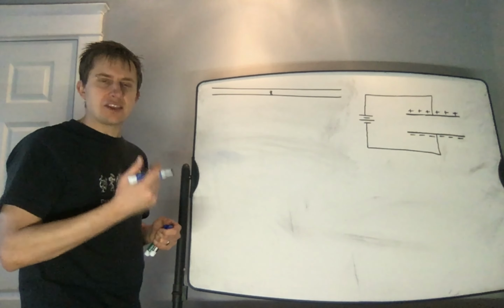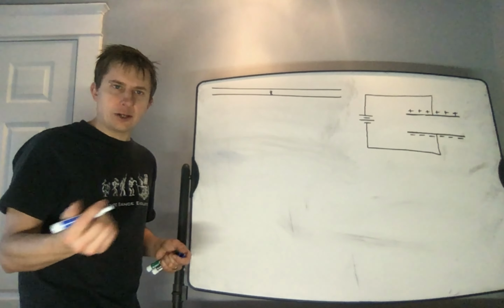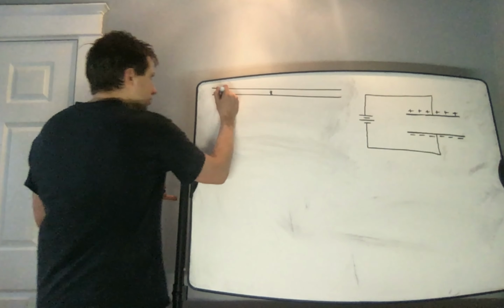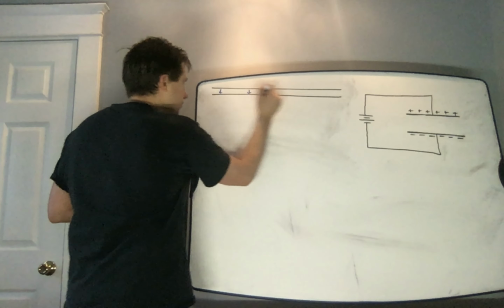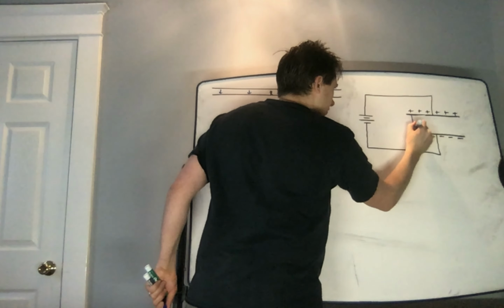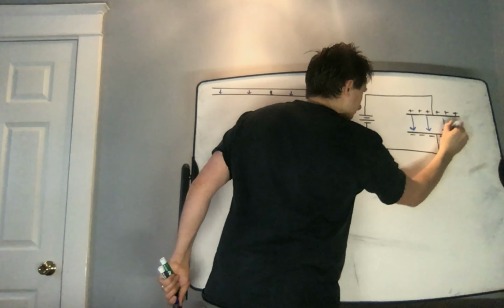So I could say that the electric field between the plates of the capacitor should resemble the electric field produced by two infinitely large sheets of charge. Therefore, the electric field will be uniform everywhere between the plates.